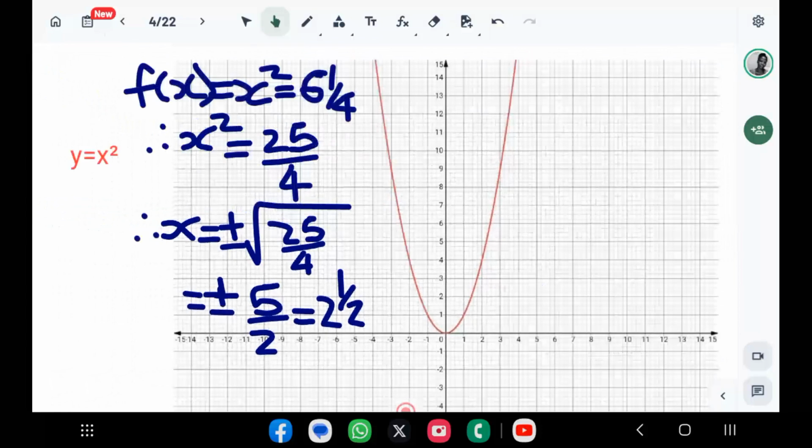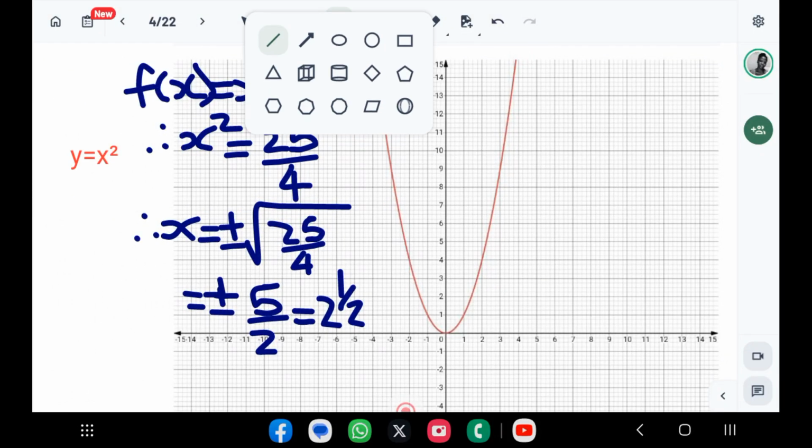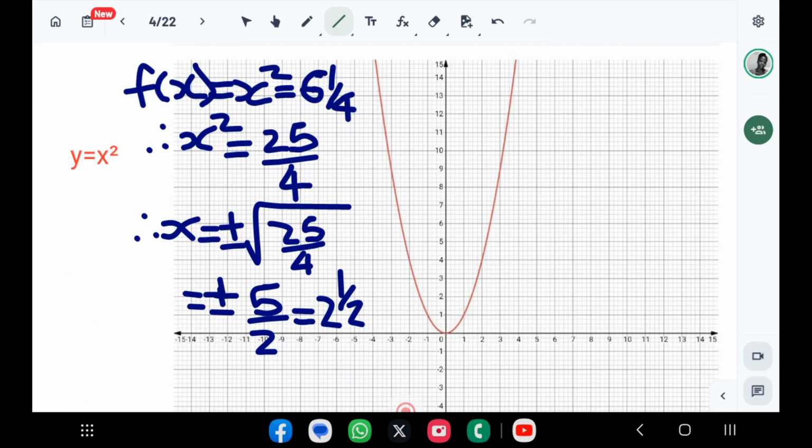let's try and draw a line. That's at 2½. 2½ is somewhere right there. So that's the line right there.